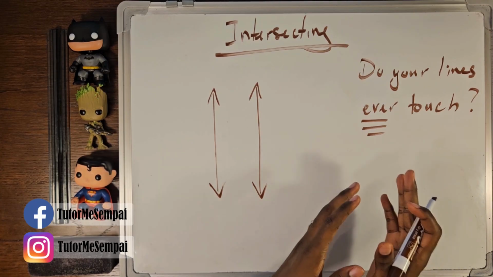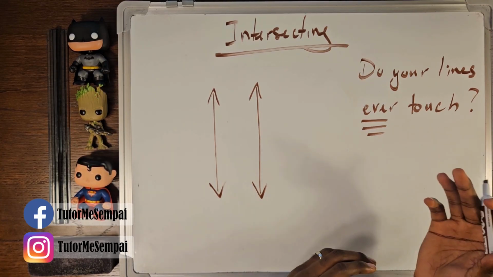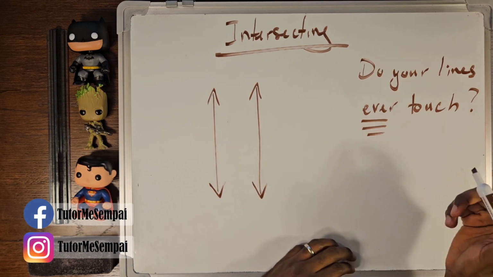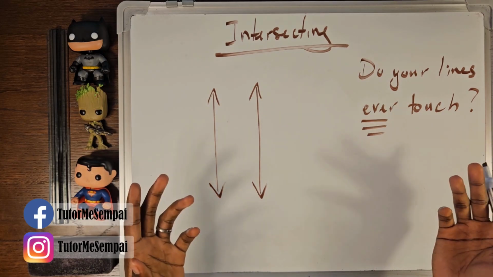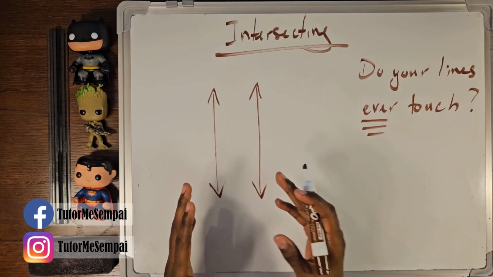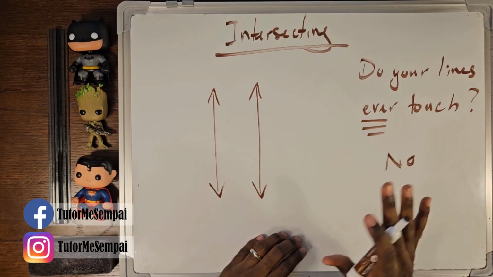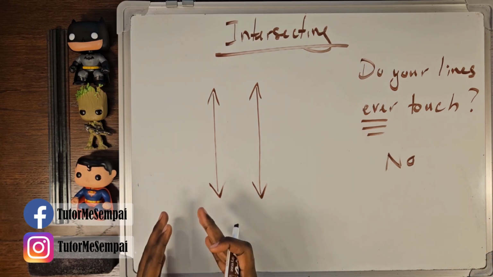So just like you did for your parallel lines, you're going to want to ask yourself this question, because the answer is going to give you a different result, essentially. So ask yourself, do they ever touch? Well, would these ever touch? If I drew them perfectly, they will never touch. So no, they're never going to touch. Well, we said that if they never touch, they're parallel.